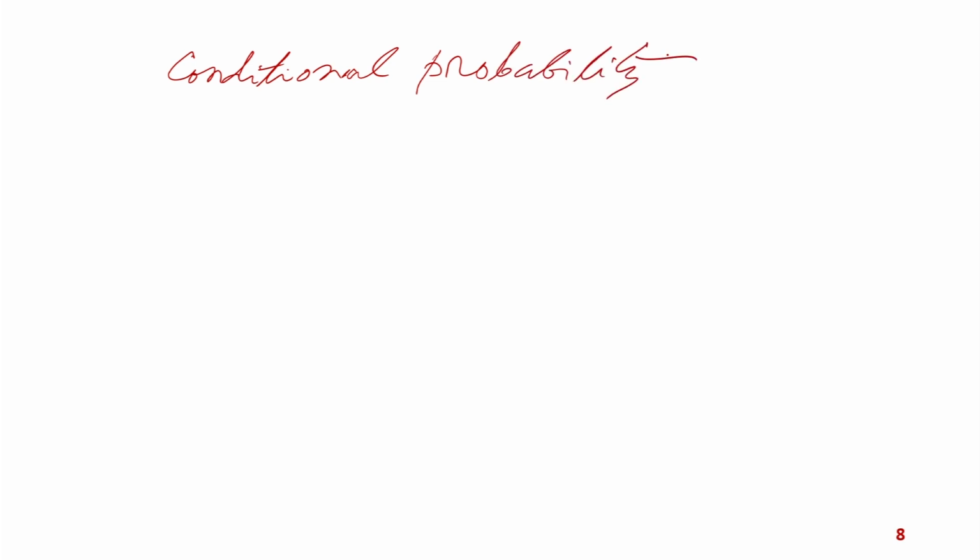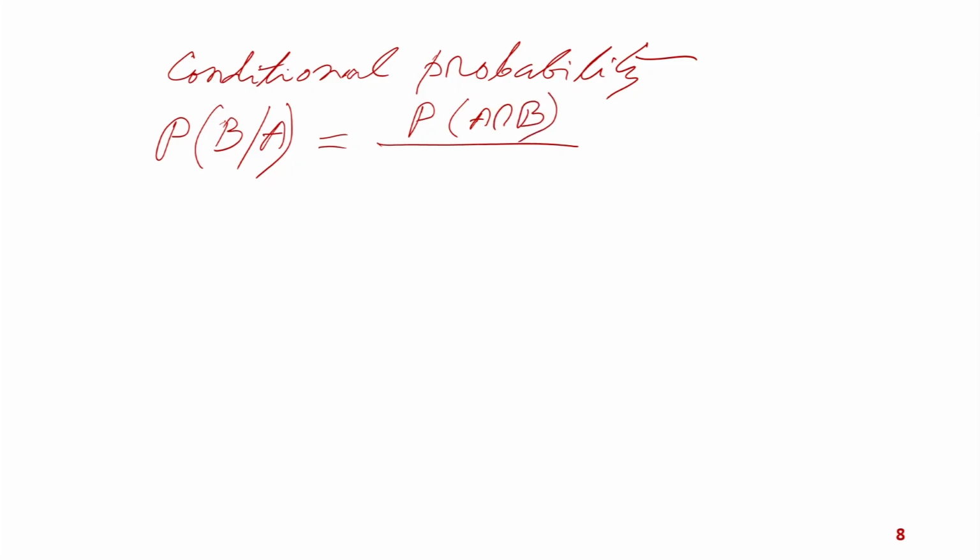So, we will write it. What is conditional probability actually? Just for your recapitulation, the conditional probability of the occurrence of an event B, given that A has already occurred, is given by the probability of the intersection of A and B divided by P(A).